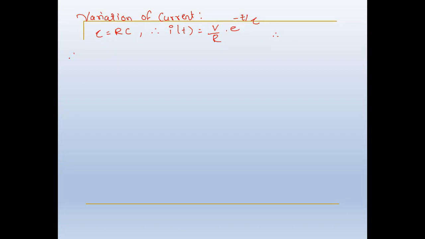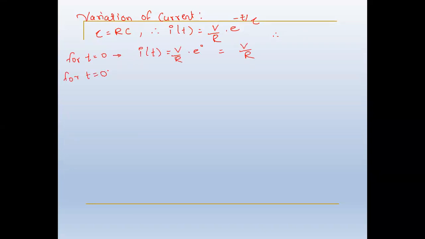Let us start with the initial conditions. For t is equal to 0, I of t will be V by R into e raised to 0, which is nothing but 1. So it will be V by R. So current initially will be a maximum.